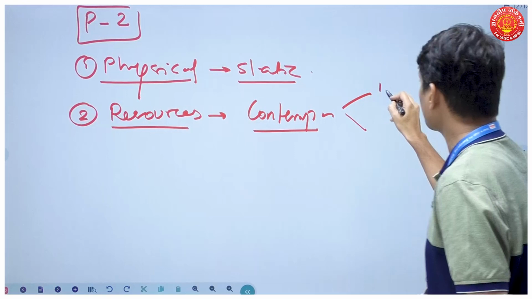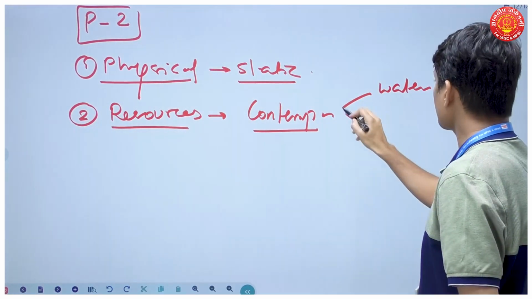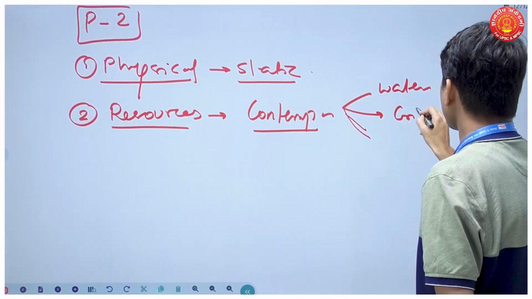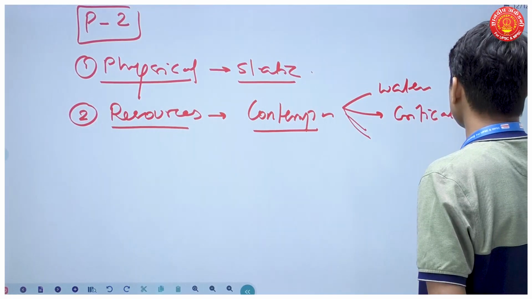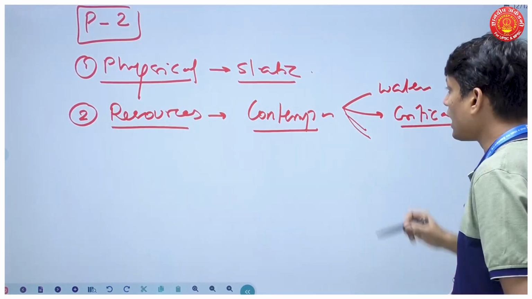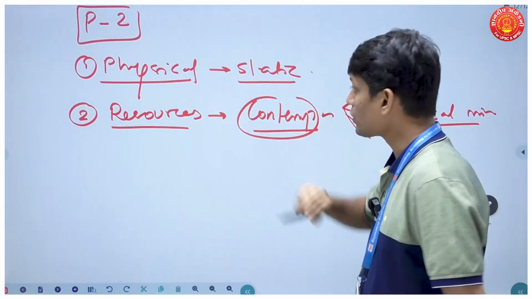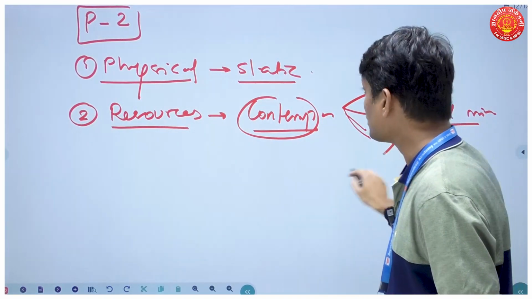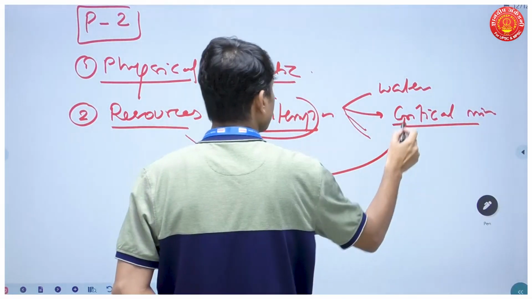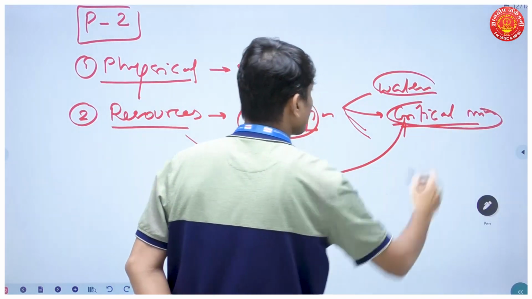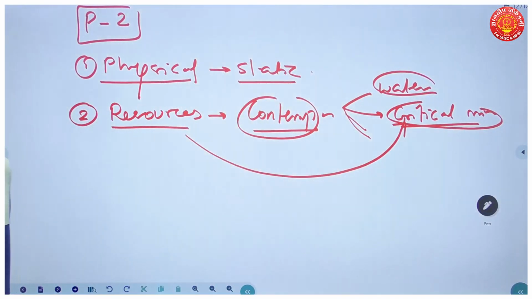Most of the questions pertain, let us say, to resources such as water, or there can be some critical minerals which are in the news. So I will add contemporary issues or current affairs based value addition in resources from these particular topics. Whatever is surfacing in the news, add that particular topic in your resources.